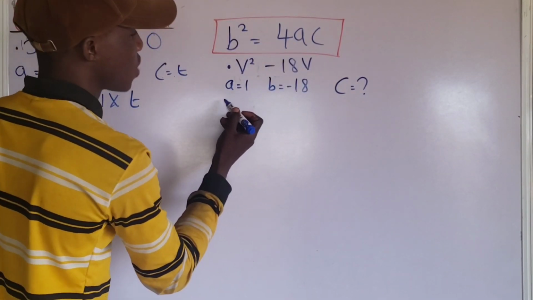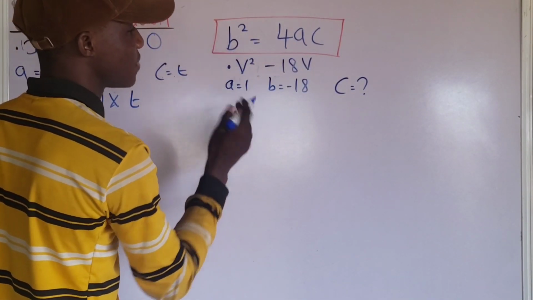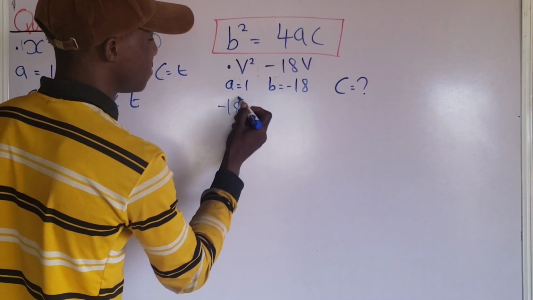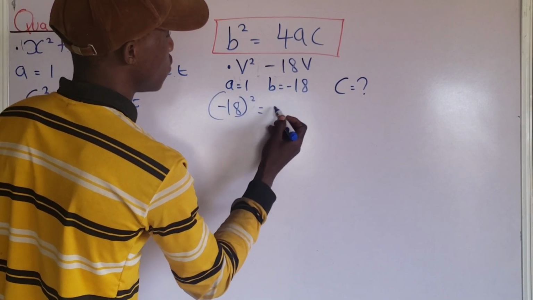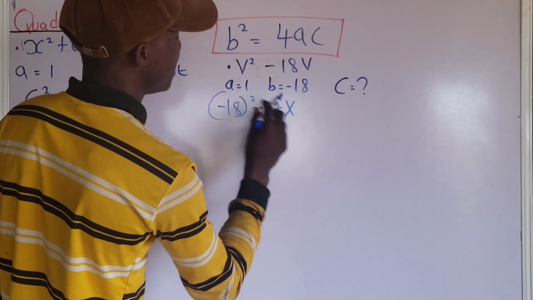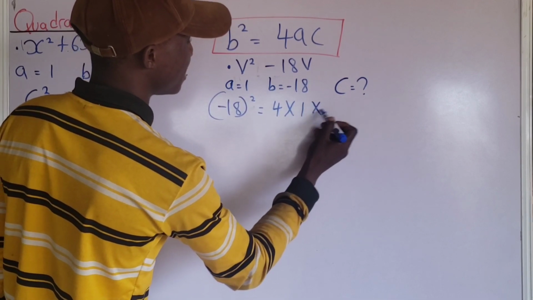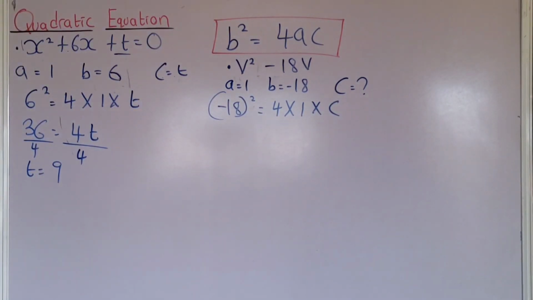So here I'm going to have b, which is negative 18. So negative 18 squared is equal to 4 multiplied by a, which is 1, multiplied by c.